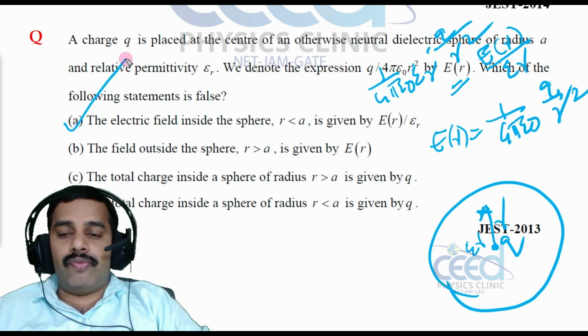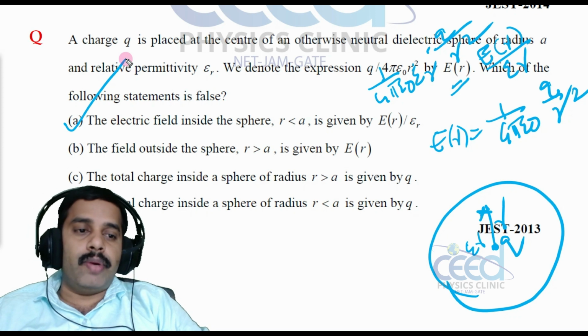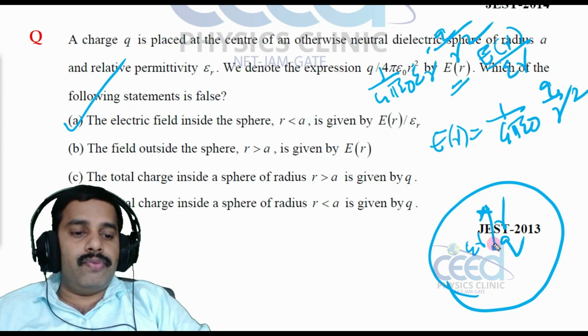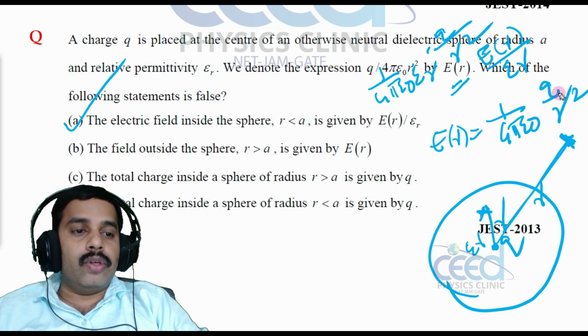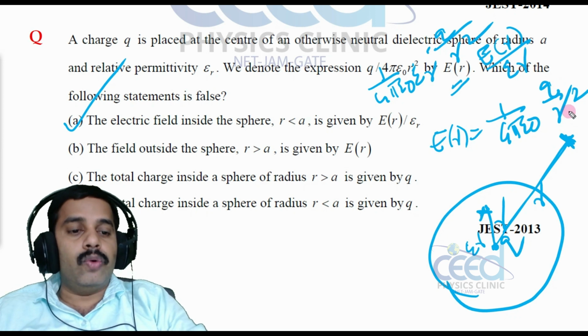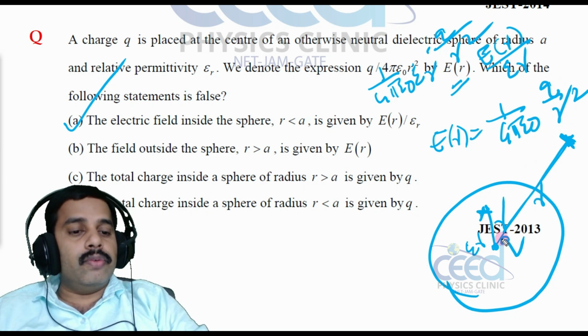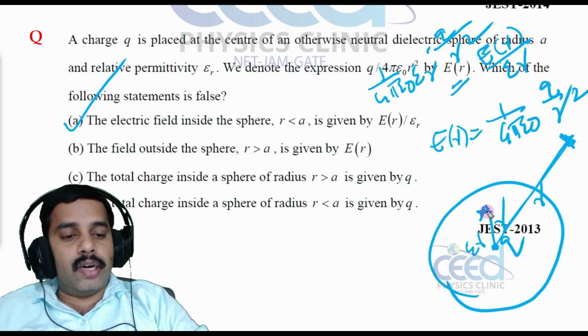We need to find the false statement. The field outside the sphere is given by 1 by 4 pi epsilon 0 q by r square, because we consider the complete charge, as the charge is at the center and the point is away from it.